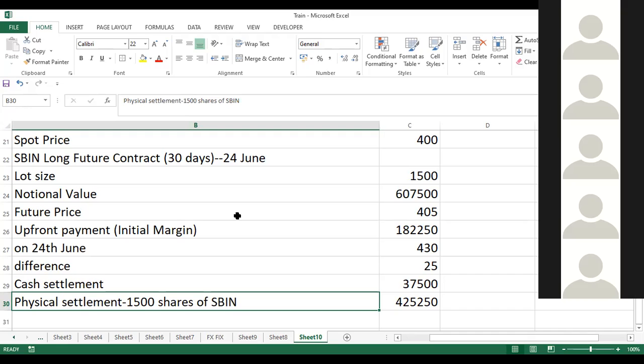And if you want physical delivery, you need to have enough money available in the account, right? If you don't have enough money and you don't close your contract, you're going to incur penalties. The exchange charges a penalty if you don't close your position.